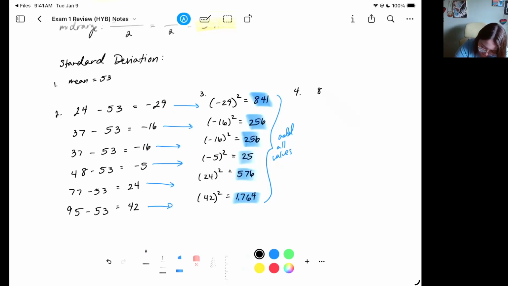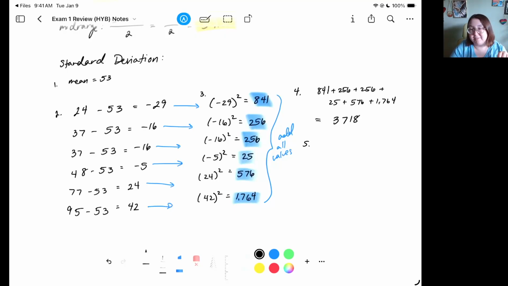So that's going to be 841 plus 256 plus 256 plus, next line, 25 plus 576 plus 1,764. And we're going to get this equals 3,718. All right, so we got that value. We summed up all of those values there.